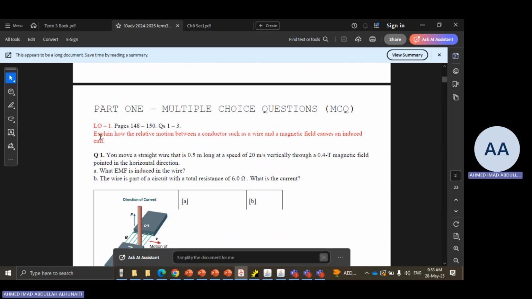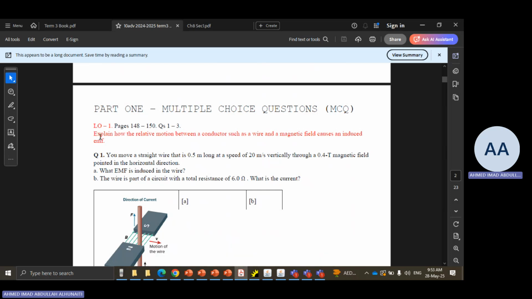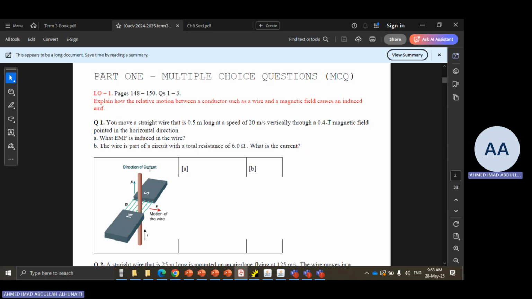The first question reads, explain how the relative motion between a conductor such as a wire and a magnetic field causes an induced EMF. So if we just take a look at this figure here, in order to induce an EMF, electromotive force, which is not a force, by the way, it's a potential difference, you need a few ingredients.